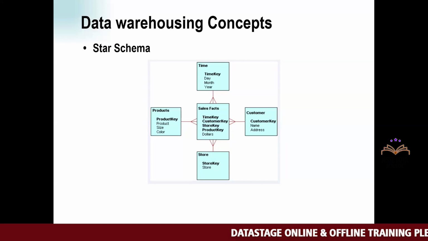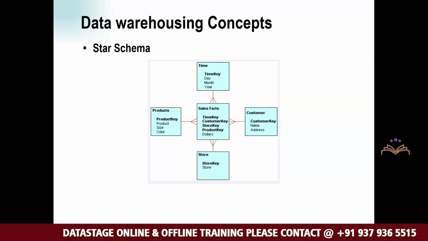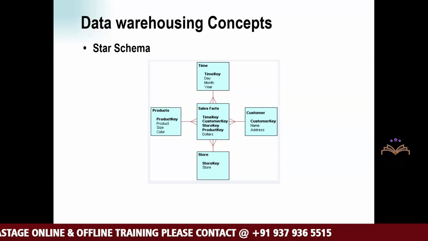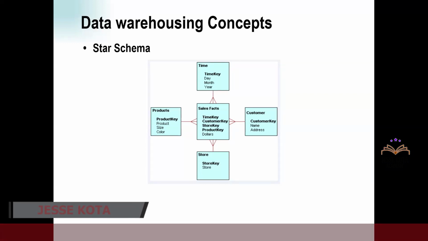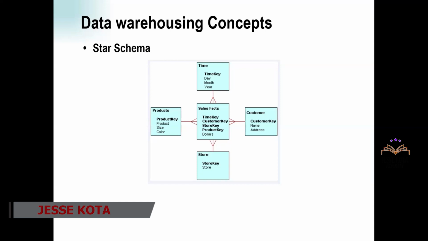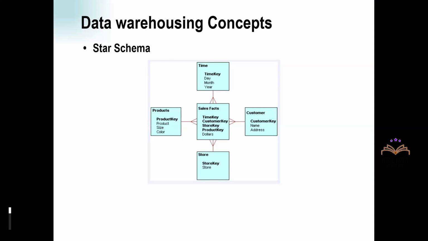Each dimension table has a primary key, and that primary key is referred to as a foreign key in the fact table. That is the way the fact table is built with the surrounding primary keys. With that, we bring all the data from the dimension tables and load it into the fact table. This is one method that we follow for the star schema.